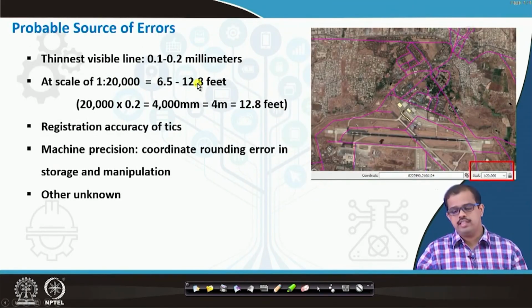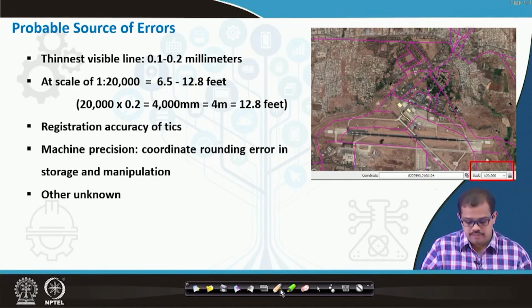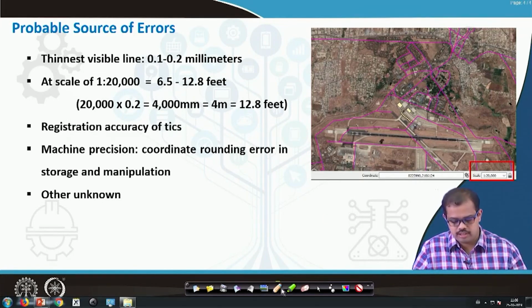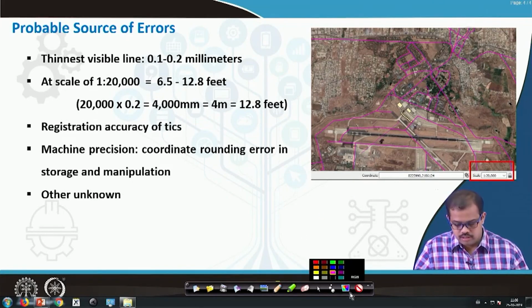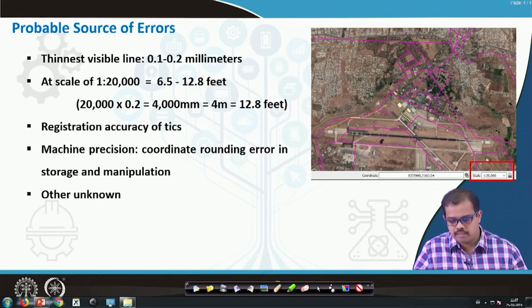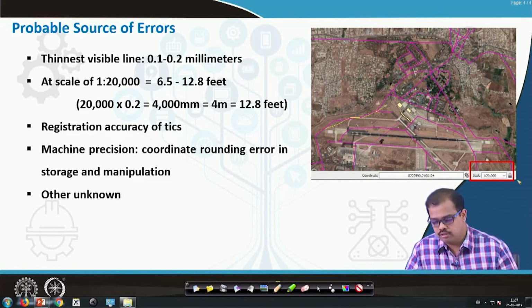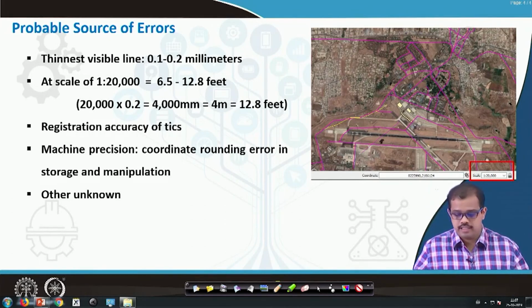To give you an example, consider these lines that I have digitized on this particular map. I'll use some other color. I have digitized all these maps here. This is a 1:20,000 map. The thinnest line that you can see is 0.1 to 0.2 millimeters.